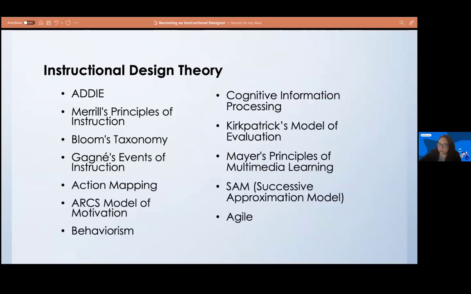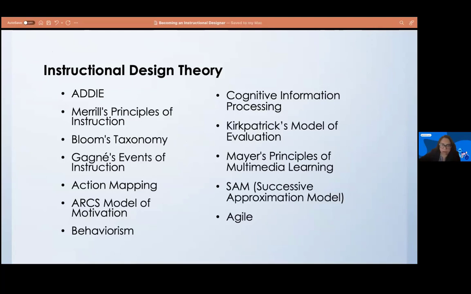So what is instructional design theory? There are multiple theories, principles, and frameworks that an instructional designer needs to know. ADDIE is the first one, and it stands for analysis, design, development, implementation, and evaluation.